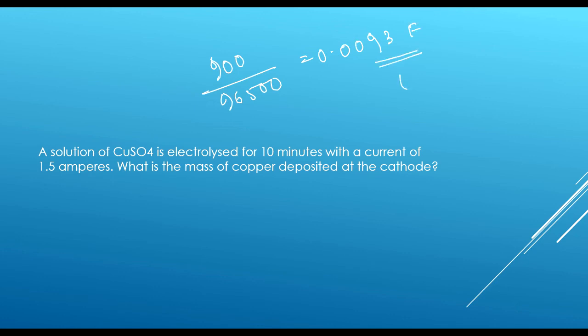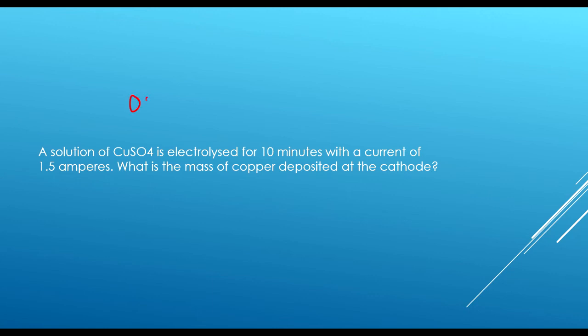That will deposit about 0.0047 mole of copper, so about 0.0047 into 63.5 gram of copper will get deposited.